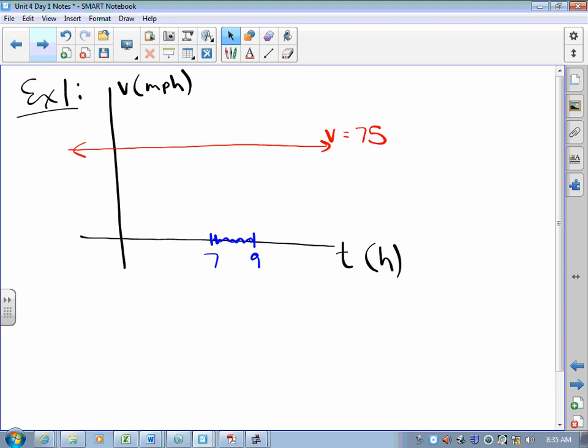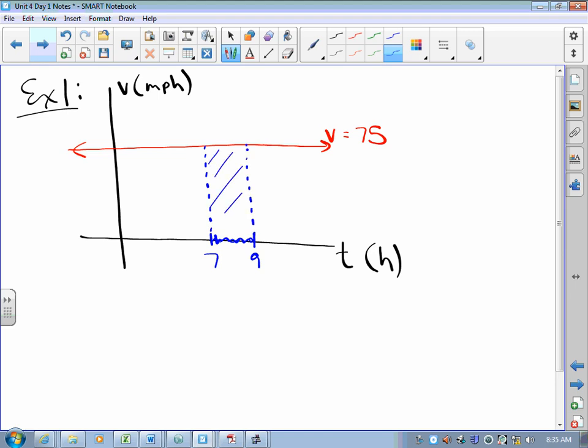Well, where is that 150 miles in the picture? That 150 miles is the area of this rectangle, whose height is 75 and whose width is 2. The distance traveled is 75 miles per hour times 2 hours. That's 150 miles.